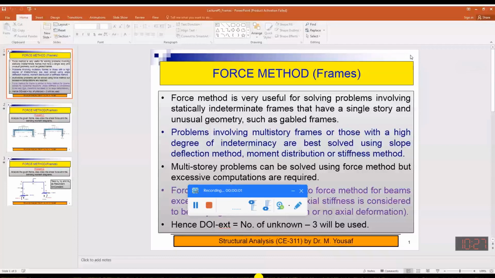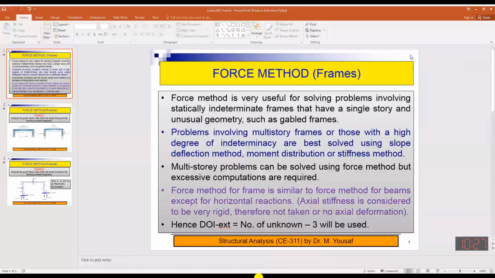There is adopting in the implementation of the force method for the beam as well as for the frames. It will be similar. Only one difference will be there, and it is known to you that in case of beams, we are not considering the axial force.